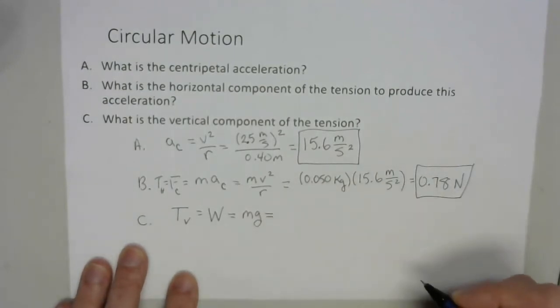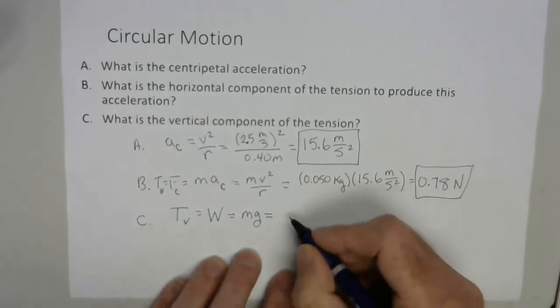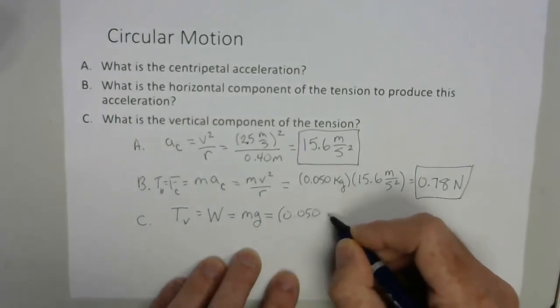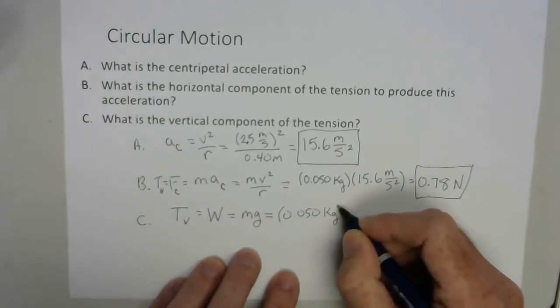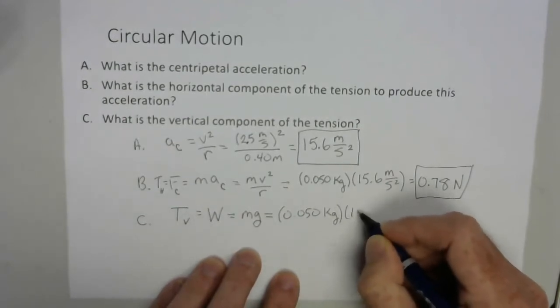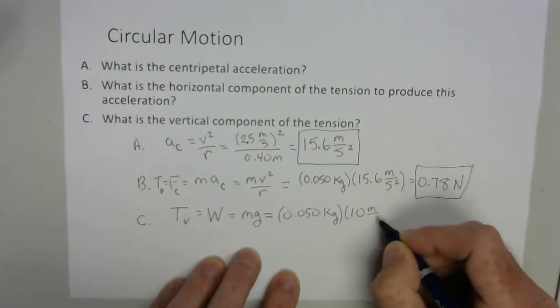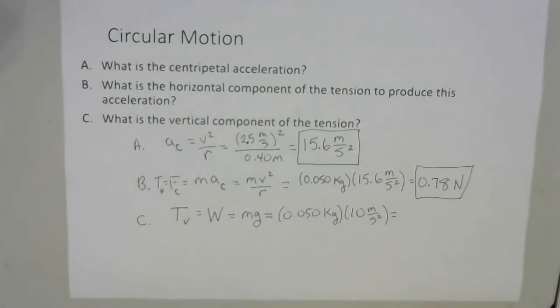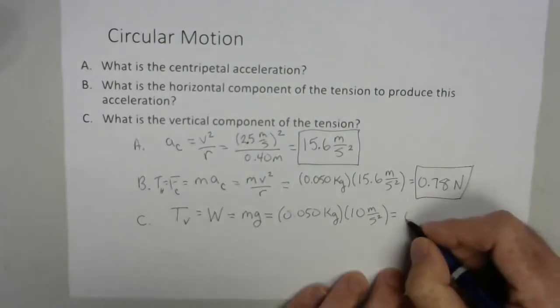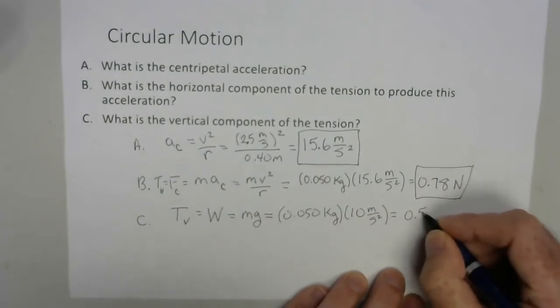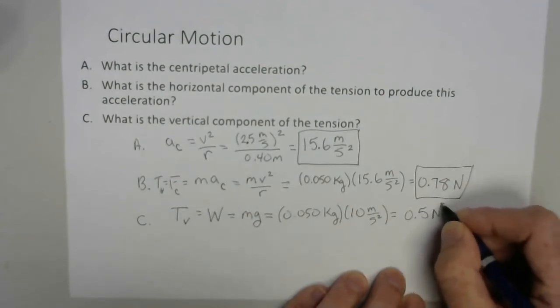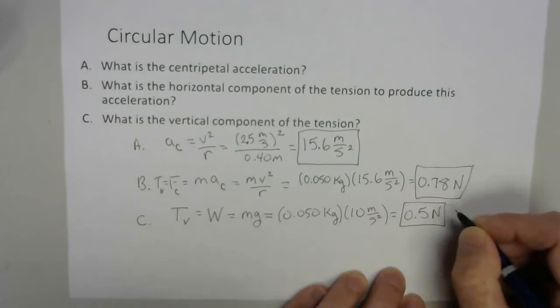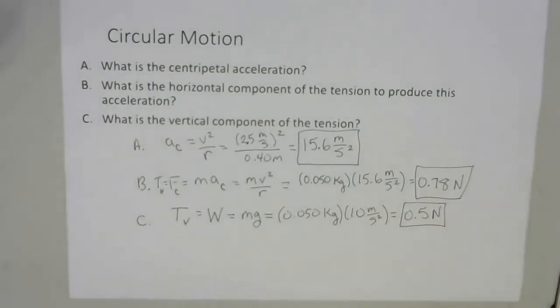And so we're going to put in our mass, 0.050 kilograms. And g, we're going to use our rounded off figure of 10 meters per second squared. So 0.05 times 10 will give us 0.5 newtons in weight force, which ends up being our vertical component of the tension.